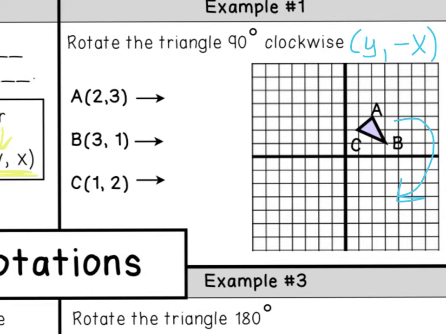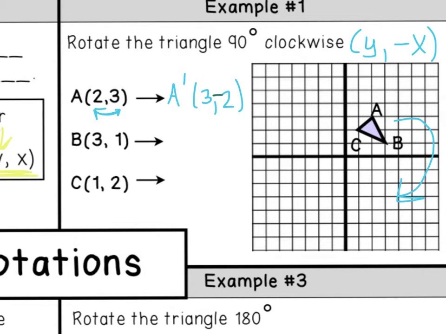This is quadrant 4. So following our rule for A prime, we're going to reverse the ordered pairs. So it's going to be 3, then 2, and then the x value is going to be negative.